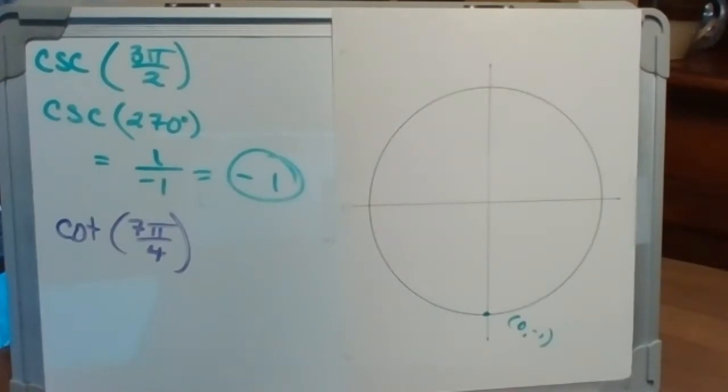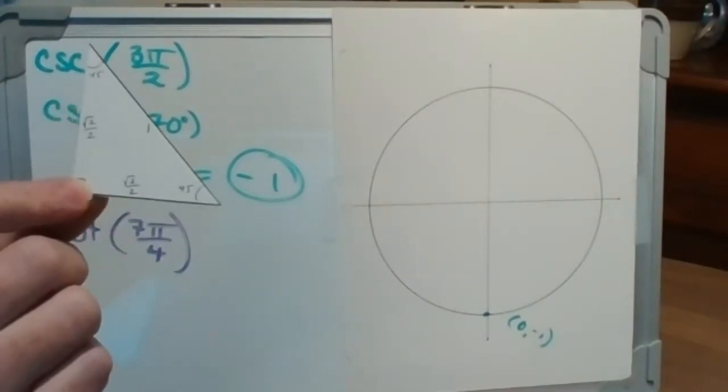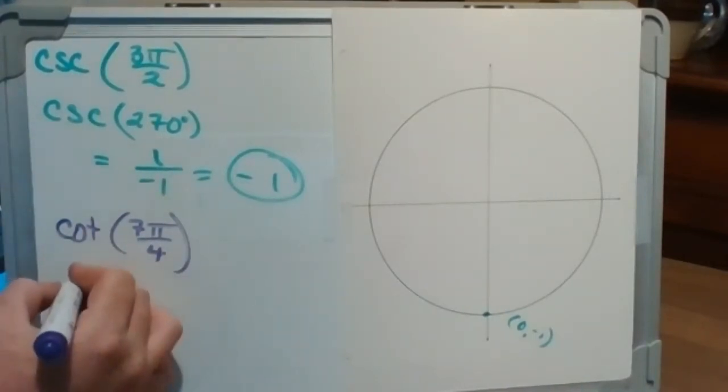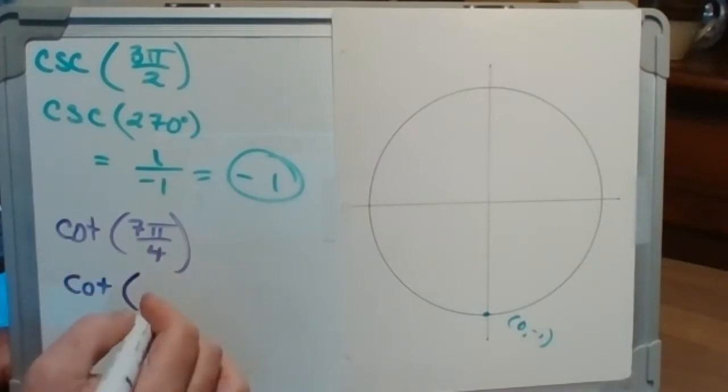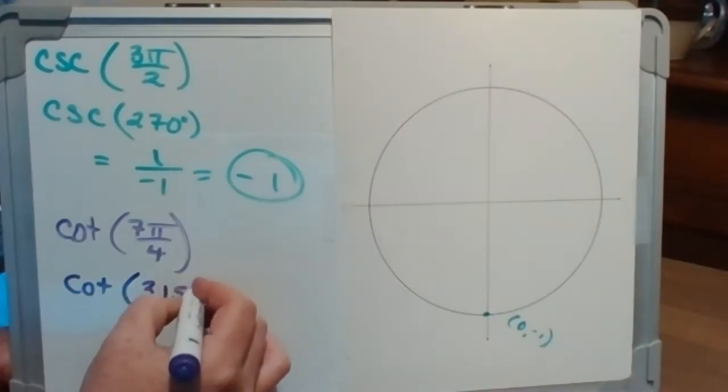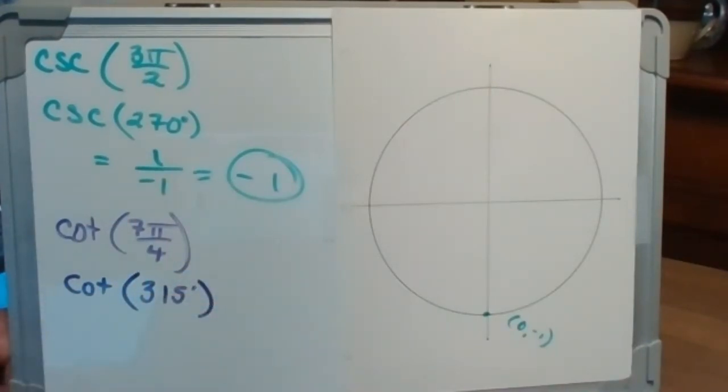Let's find cotangent of 7 pi over 4. Do we know the reference angle? 45. Denominator of 4, reference angle 45. Now I just have to figure out which quadrant this 45-45-90 triangle is going in. 7 pi over 4, how many degrees is that? Is that 315? So that puts us in quadrant 4.